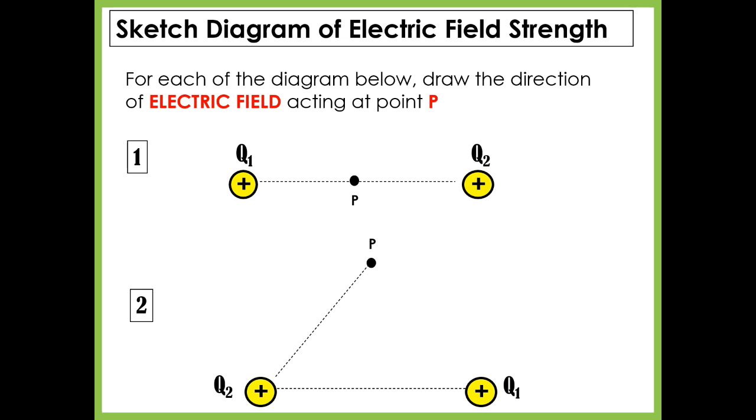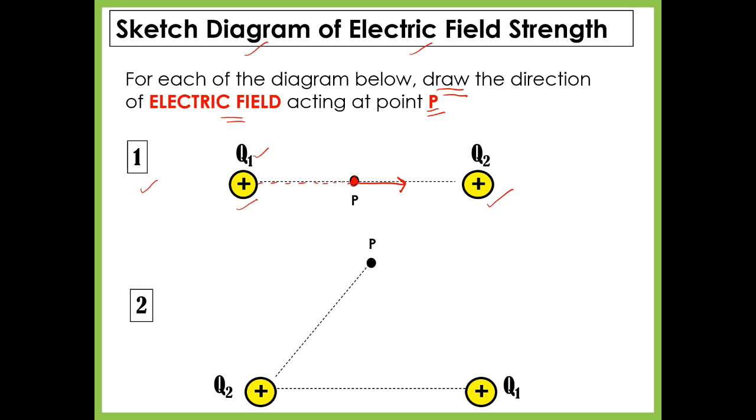Let us do some examples for sketching electric field strength. The question asks us to draw the direction of electric field at point P. For number 1, point P is in the middle. We have charge number 1 and charge number 2, and both are positive. With respect to Q1, at point P, the direction of electric field is going to be to the right because the direction of electric field is outward.